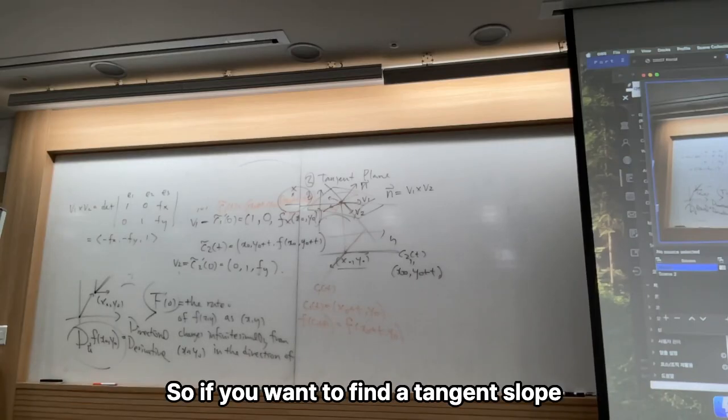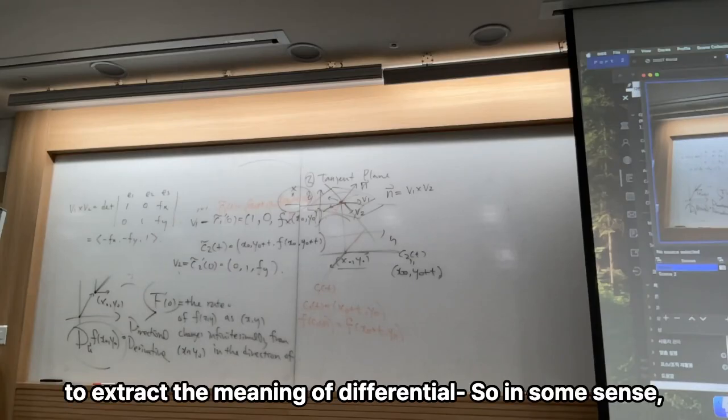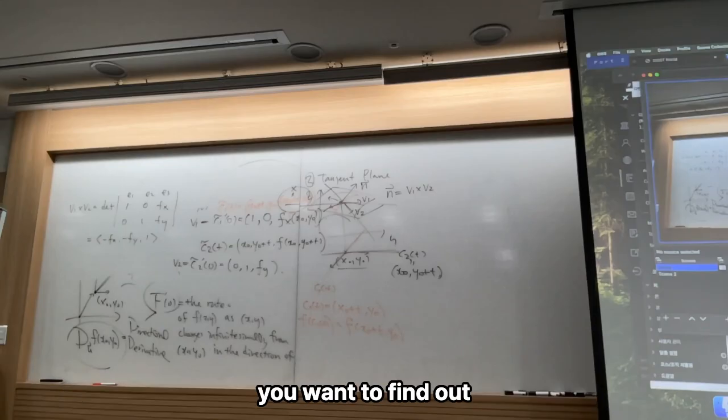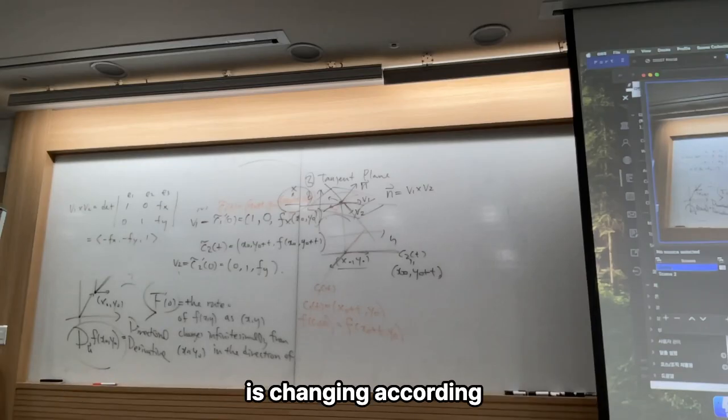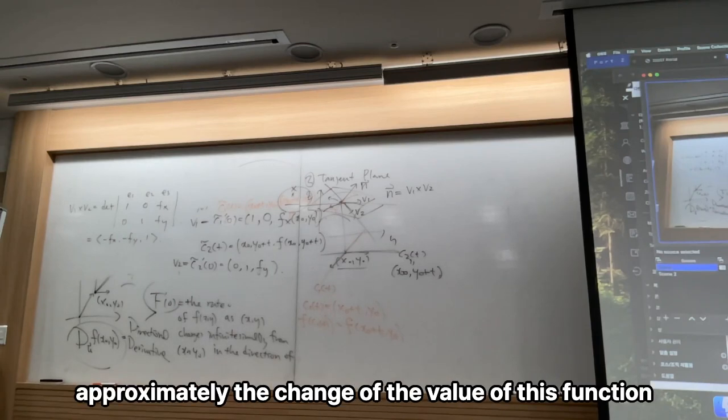So it's determined by what? Partial derivatives. If you want to find the tangent slope or tangent plane to extract the meaning of the differential, in some sense you want to find out how fast the value of the function is changing according to the change of your point. Then the tangent plane approximately explains the change of the value of the function.